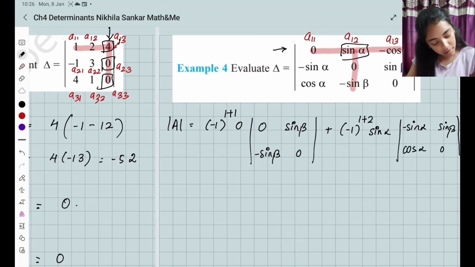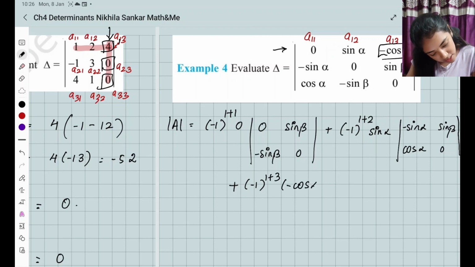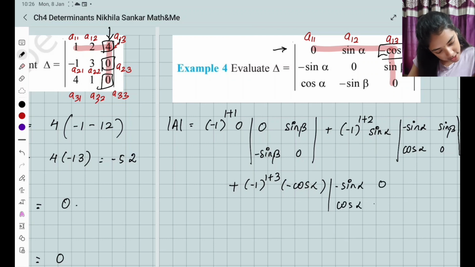So this is the second term. Now what is the third term? Plus minus 1 to the power, let me erase what I've written. Now the last term is going to be minus cos alpha, so to the power 1 plus 3 times minus cos alpha, and the determinant now is going to be, neglecting the first row and last column, I'll have minus sin alpha, 0, cos alpha, minus sin beta.